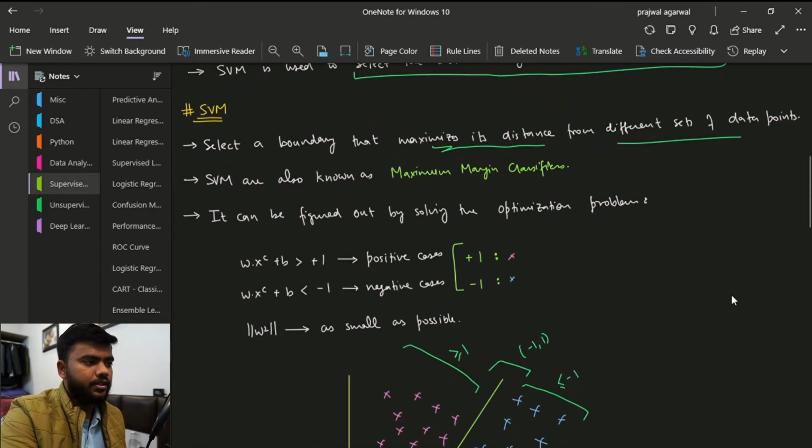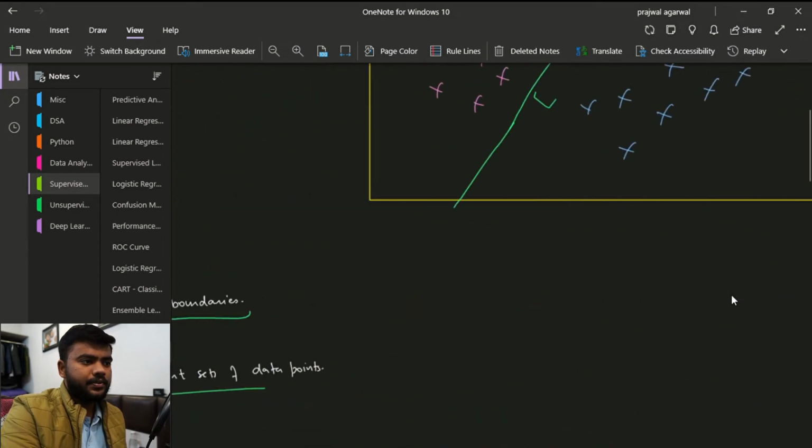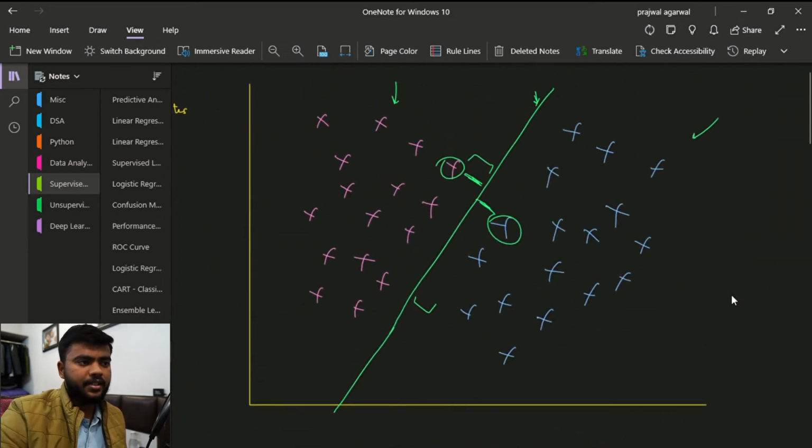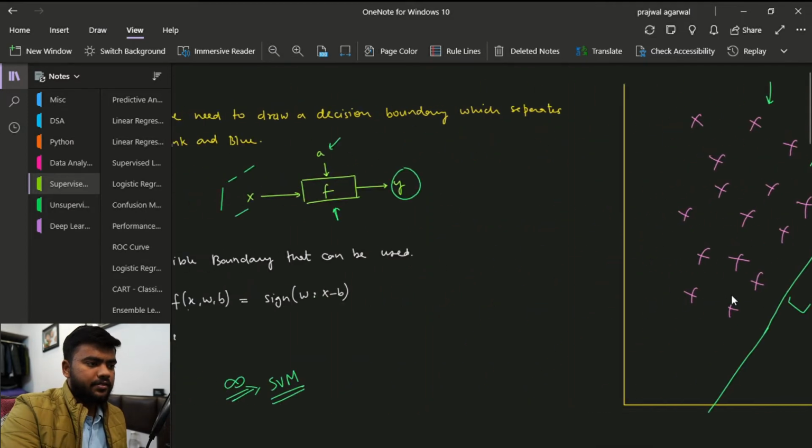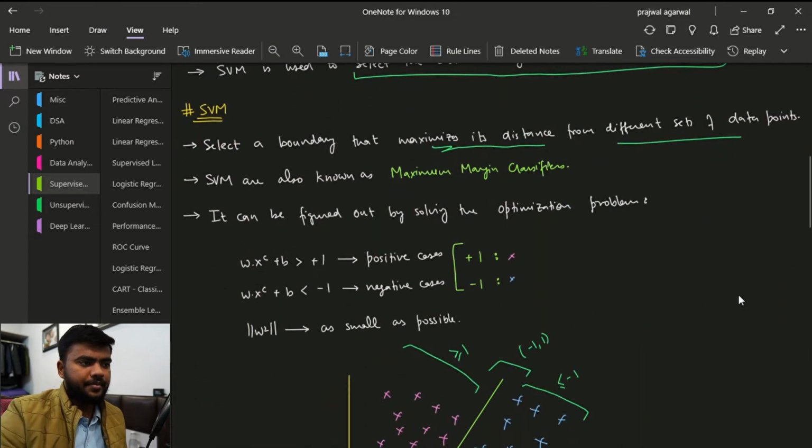Since we are maximizing the margin, the difference between two boundaries, SVM is also known as the maximum margin classifier. It can be figured out by solving optimization problems. These are the expressions that we solve, and based on the output coming out of these expressions, we choose our cases.